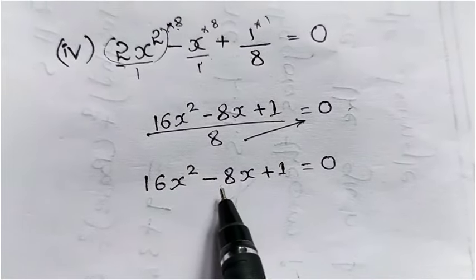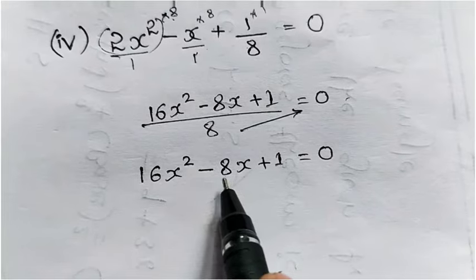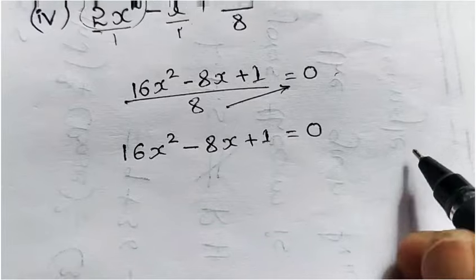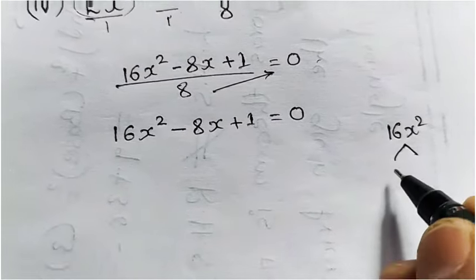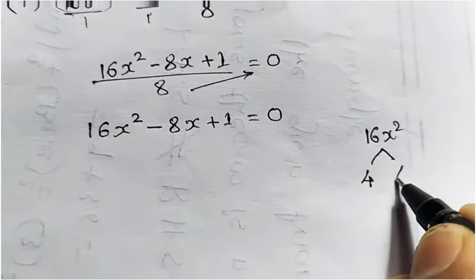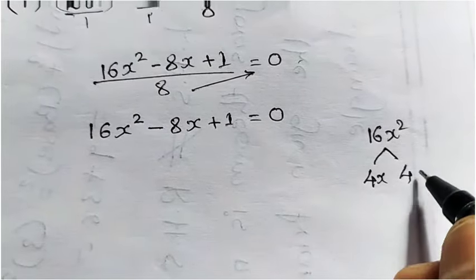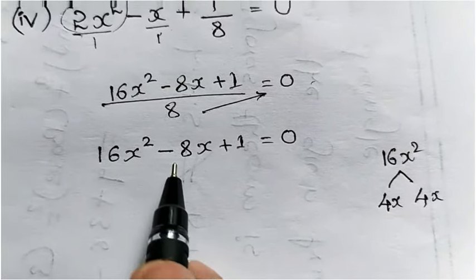Okay, now factorizing, splitting the 8x. So here 16 is there, here 1 is there. So 16 ones are 16x square. Splitting this, I will take 4 4s are 16, 4x, 4x. Which thing in the middle? Minus 8 is there.